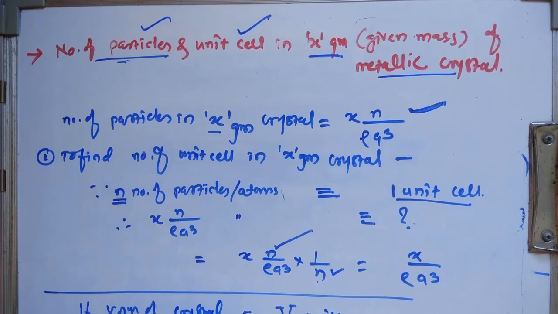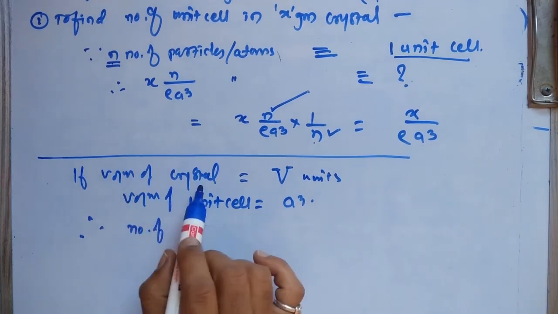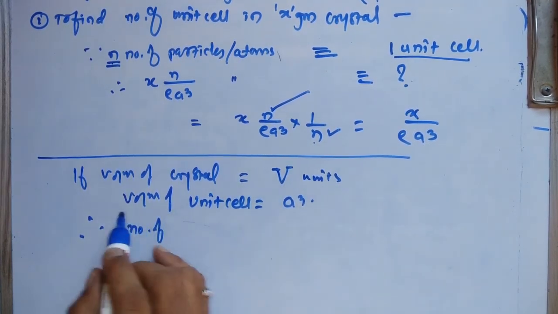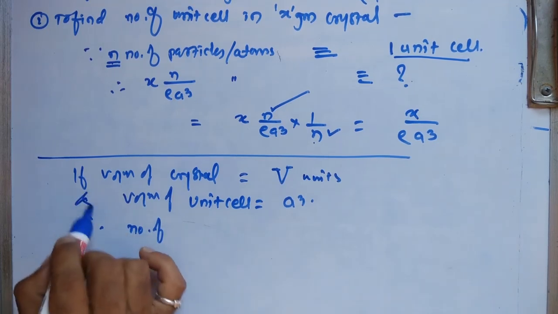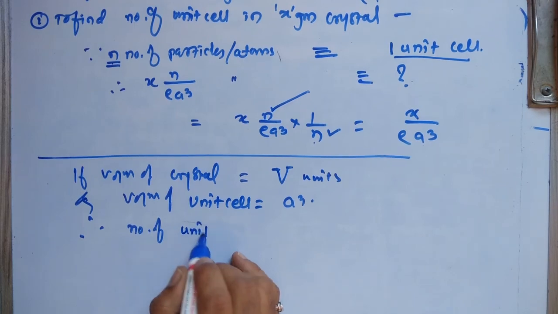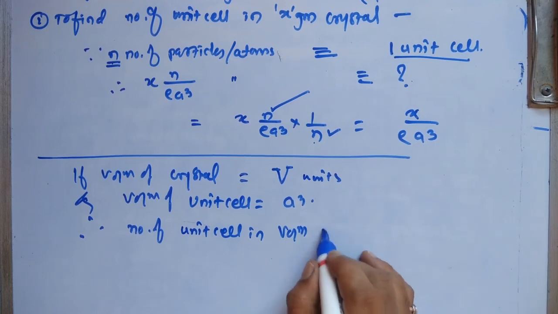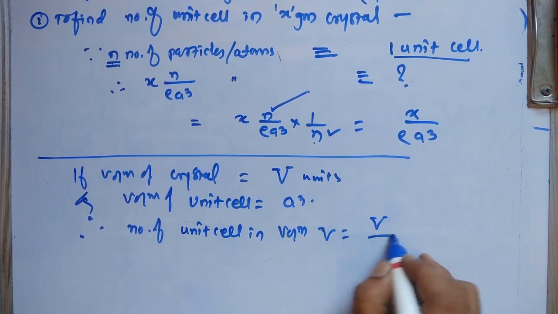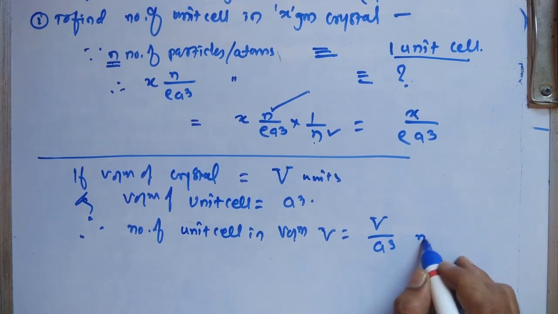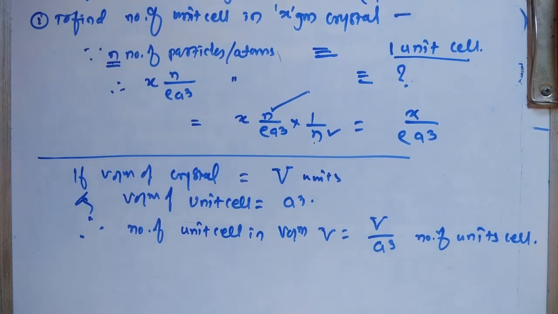Therefore, the number of unit cells in volume V is equal to V upon a cube. This is the formula for the number of unit cells in terms of volume. Okay.